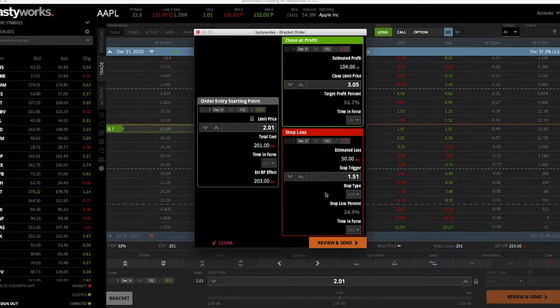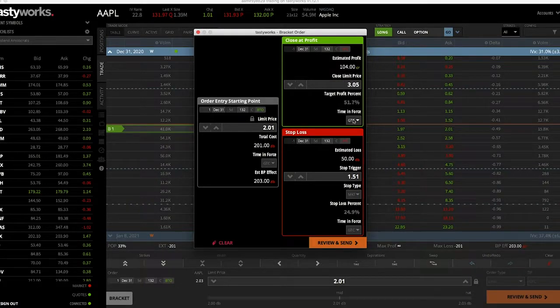Now you'll see on each of these screens there's a drop down which says time in force. This basically means good till cancelled or good till date. Good till cancelled means this profit percentage will always be available until you cancel the trade or close the trade.